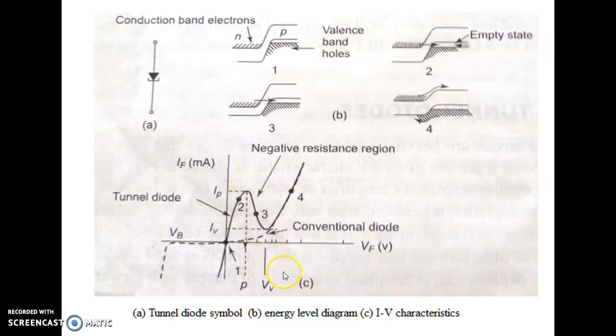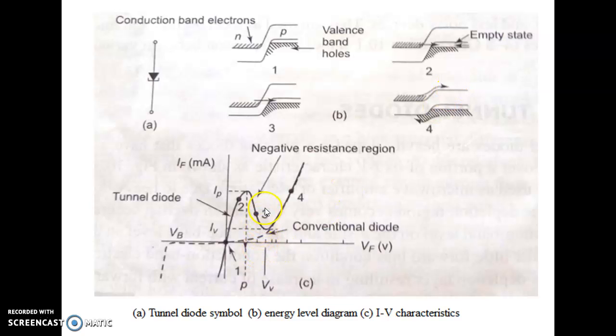As voltage increases further, the diode behaves as a normal diode. The electrons no longer tunnel through the barrier. Instead, they have to cross the barrier like this.